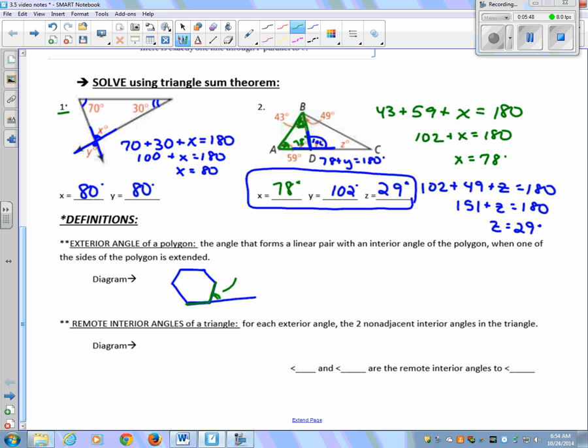So this angle is an exterior angle. So if you have a triangle, same idea, and we could extend it anywhere. Maybe we extend this side. The exterior angle is here.